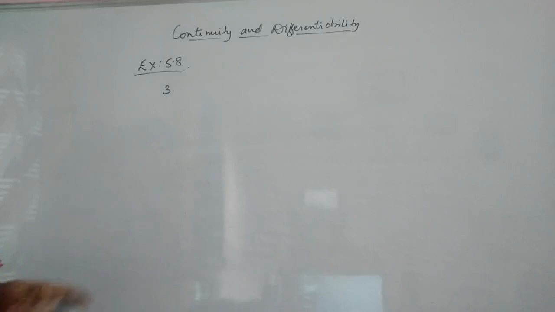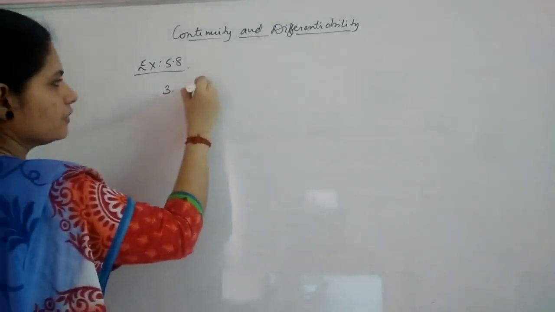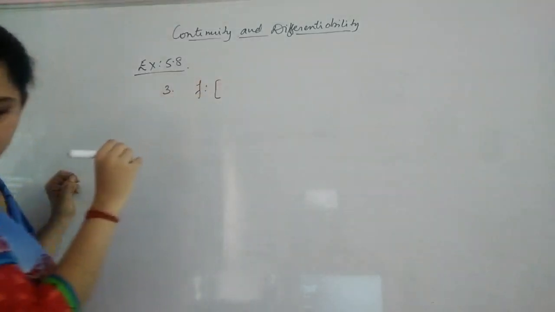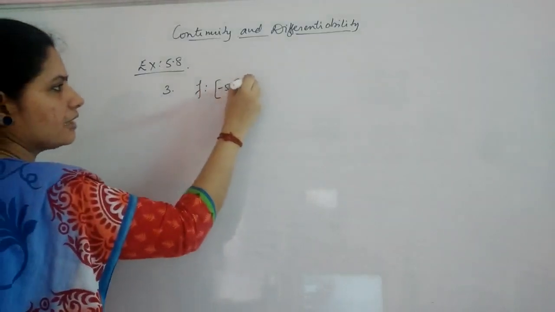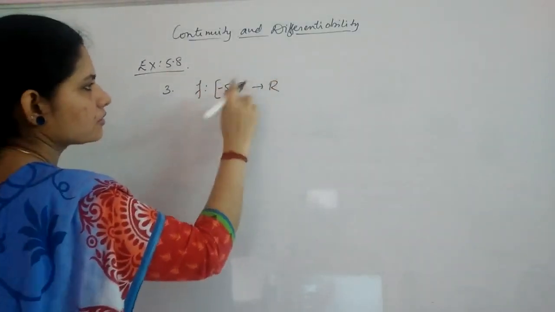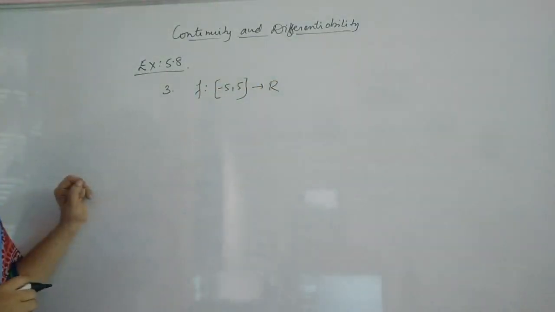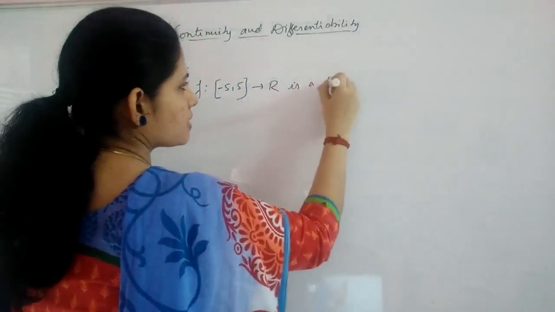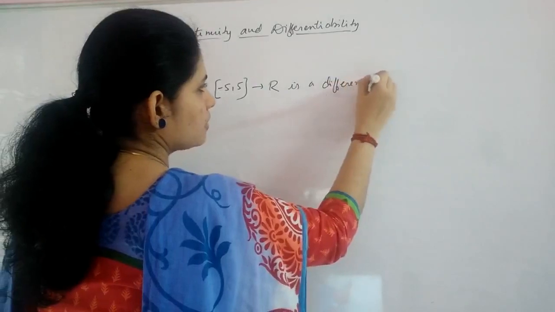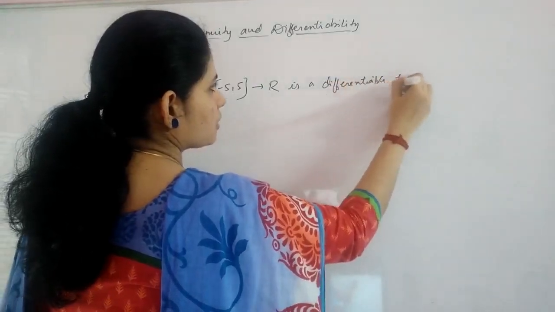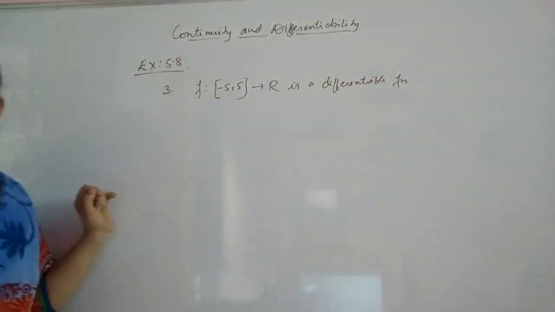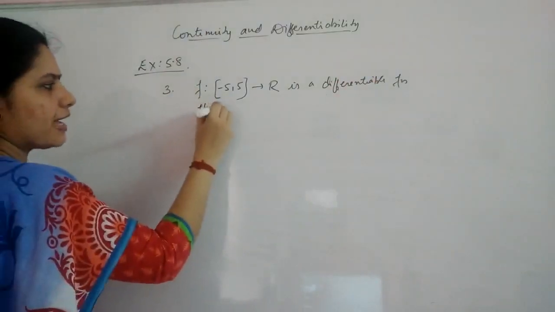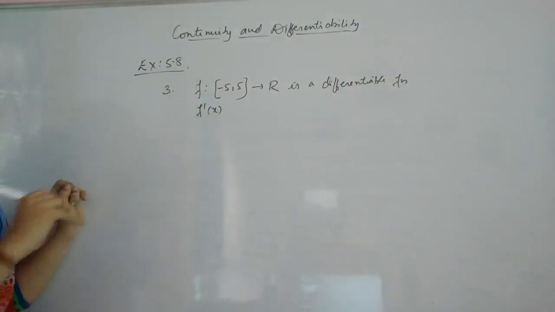For the next question, you have f from closed interval minus 5 to r is a differentiable function. It is given that it is a differentiable function, and f dash of x does not vanish.